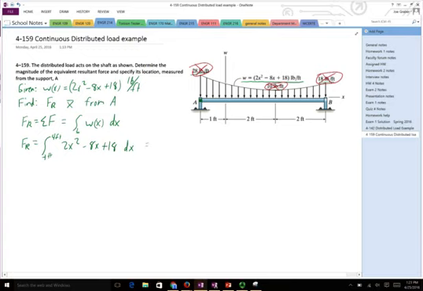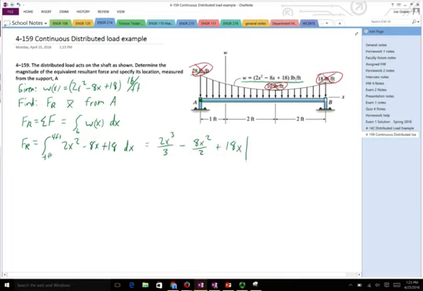Take that integral, and we're going to end up with 2x cubed over 3 minus 8x squared over 2 plus 18x. I'm sorry, plus 18x.